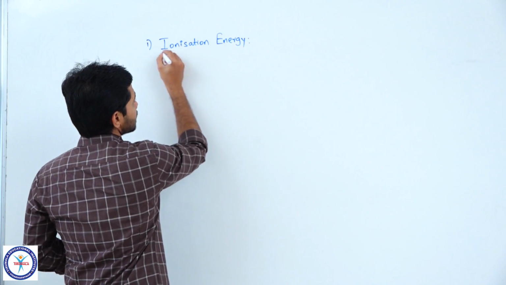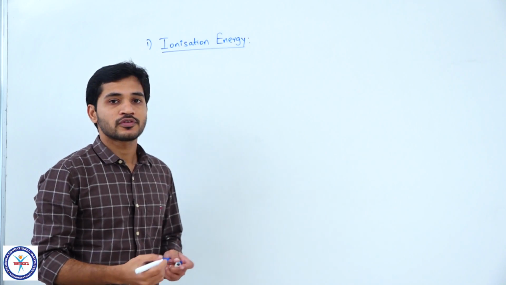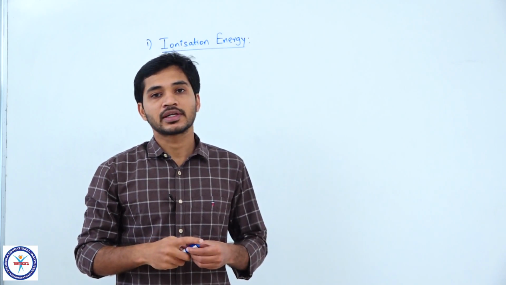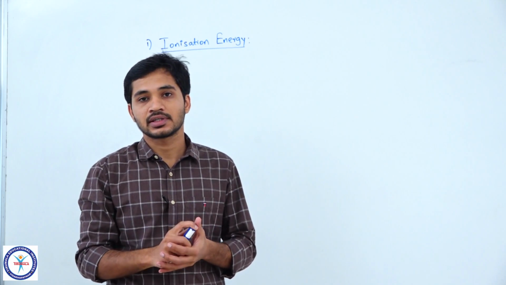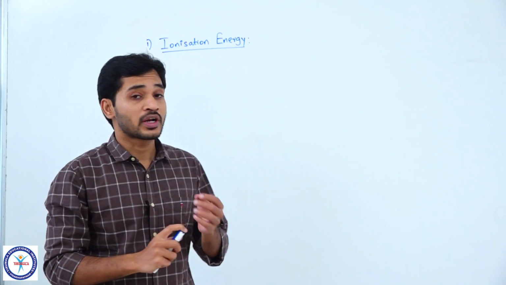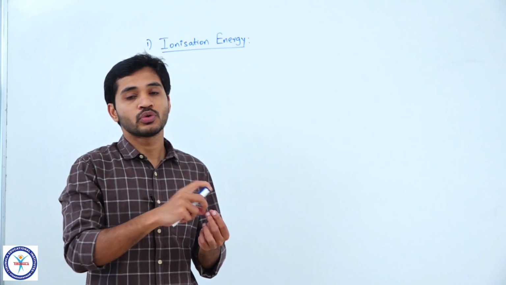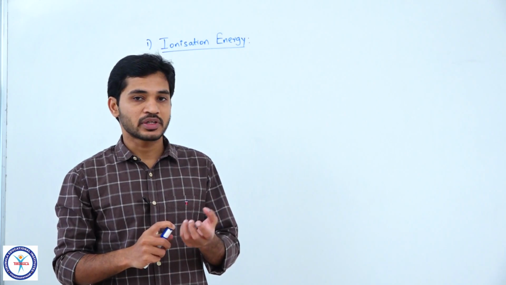Ionization energy is basically the amount of energy that should be given to an electron in the ground state of a gaseous atom, to remove it completely from the bounds of that particular atom.